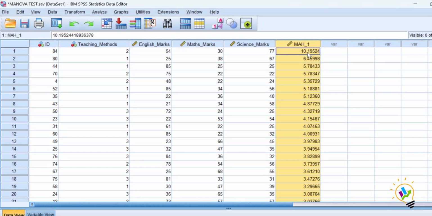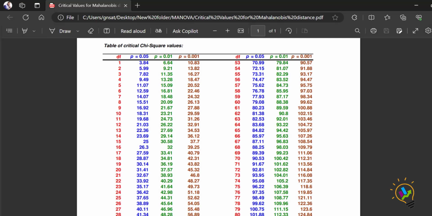This is 10.19524. This is the Mahalanobis distance. Now, how are we going to know whether we have multivariate normality or not? For that purpose, we need to see the chi-square table. The degree of freedom is the number of dependent variables.